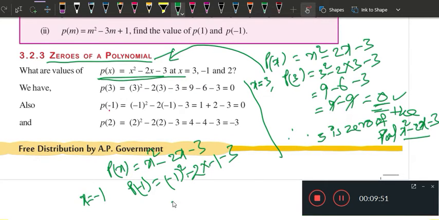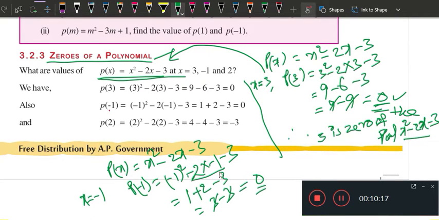Minus 1 into minus 1 is plus 1, minus 2 into minus 1 is plus 2, then minus 3. Then 1 plus 2 is 3, and 3 minus 3 becomes 0. So finally we get 0.